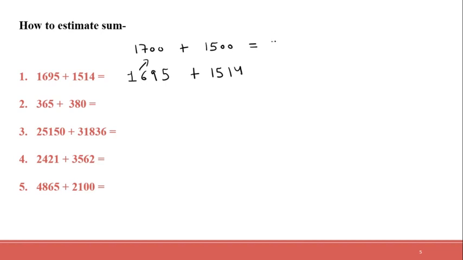It will become 3200, right? 7 plus 5, 2, 1 carry, and then 3. So it will become 3200.